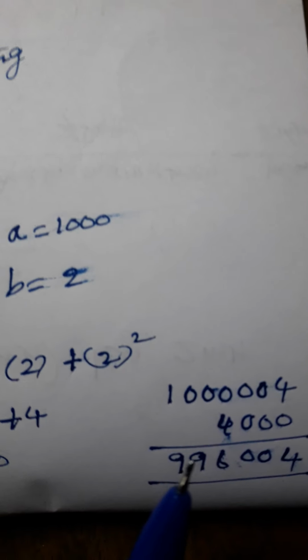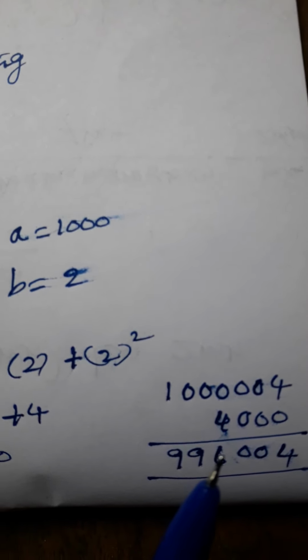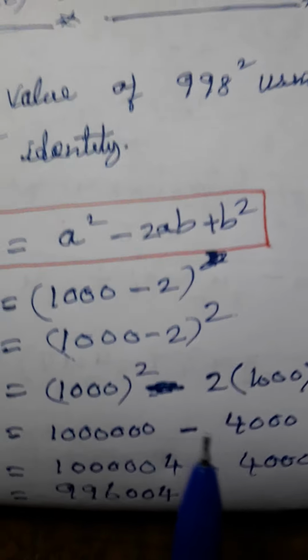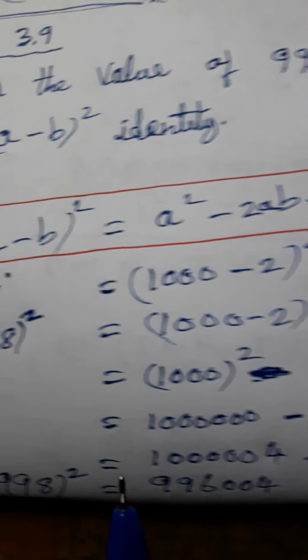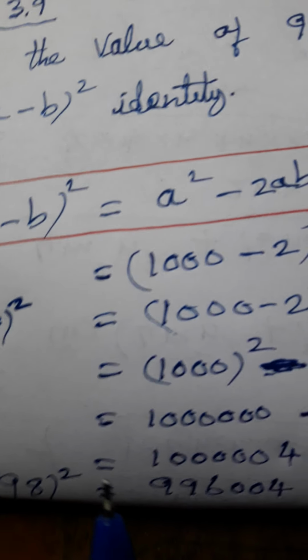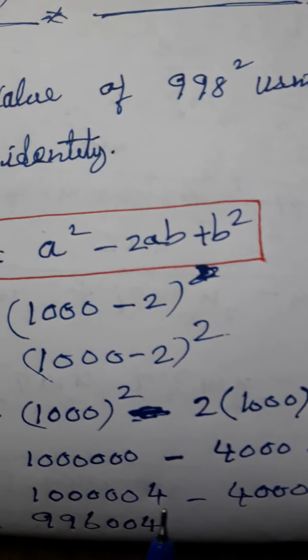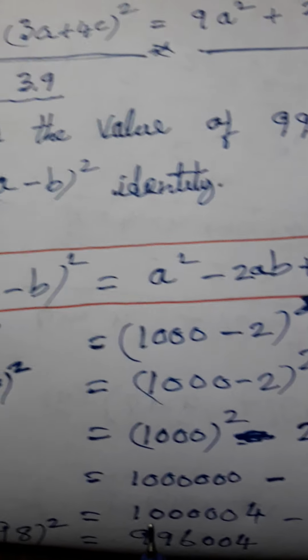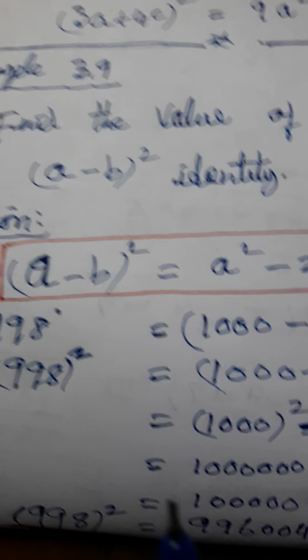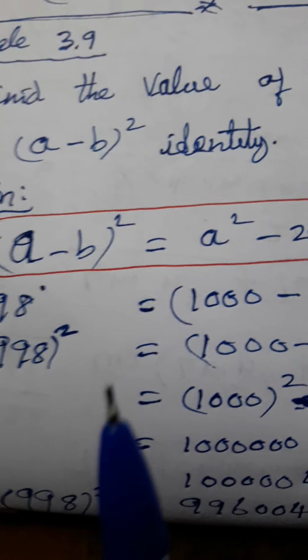We get 9,96,004. So this is the final answer: 998² equals 9,96,004. This is the answer for this 998².